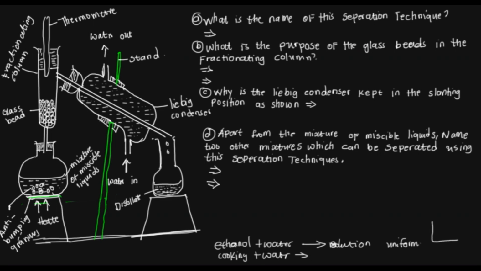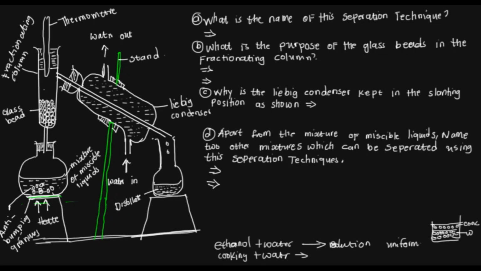For example, if I have a beaker here with immiscible liquids, we are expecting our water to be on the bottom, and on top we are expecting to have the cooking oil. So in a case where two liquids cannot mix completely, those are known as immiscible. Now for miscible, we are looking at those that mix completely, for example, ethanol and water.